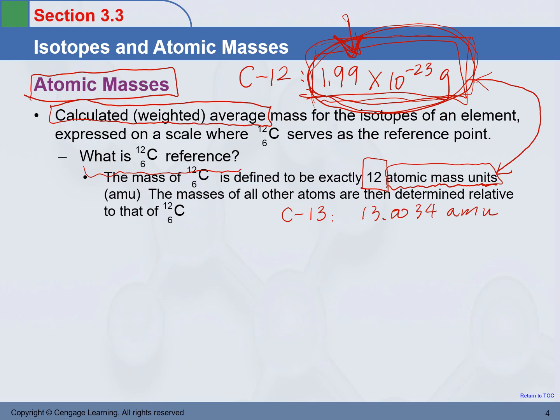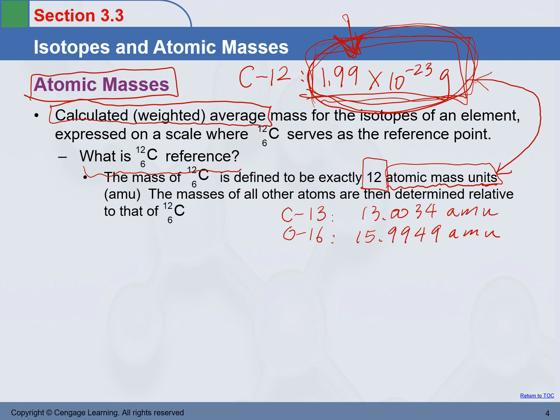The atomic mass of another isotope, let's say oxygen-16. Oxygen-16 is an isotope of oxygen. If you compare the mass of the oxygen-16 atom with the mass of carbon-12, and carbon-12 is 12 AMU, then oxygen-16 will be 15.9949 AMU.